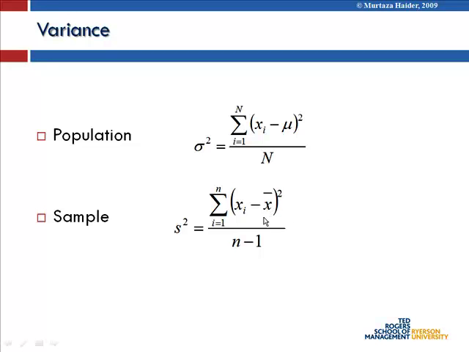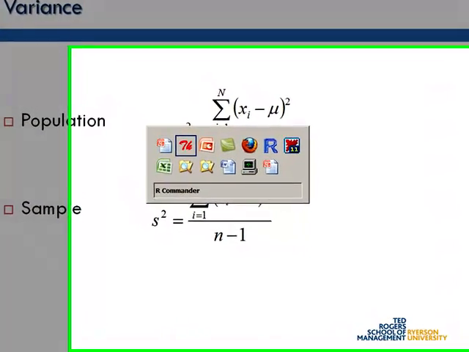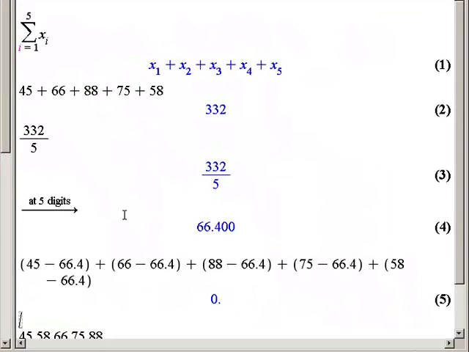Remember the distinction that in a sample the number of observations is denoted by small n, whereas in a population it is denoted by capital N. Similarly, we denote the mean for a population by mu, and the mean for a sample by x bar. Let me illustrate this calculation for a sample in Maple, which is our computerized calculus software.